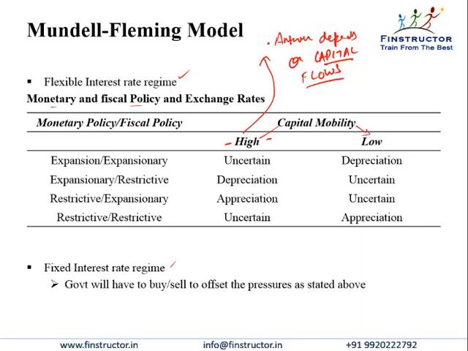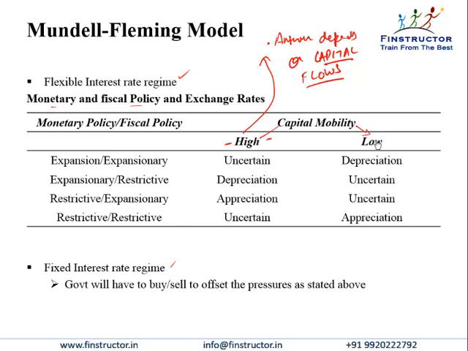If capital flows increase, currency will appreciate. If capital flows decrease, currency will depreciate. As we've studied earlier, capital flows tend to be larger and more volatile than goods flow or current account items. So it can impact current account items also, but we won't worry about it if there is high capital mobility, because the dominating impact will be from capital flows.